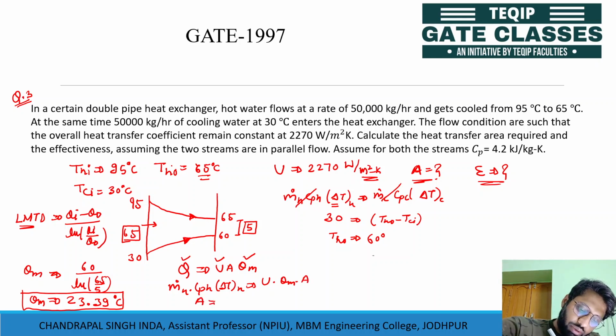The mass flow rate of hot water is given as 50,000 kg per hour, so we have to convert this into kg per second, which is 50,000 divided by 3600. So we will have 13.8 multiplied by 4.2 kilojoule per kg Kelvin, multiplied by the temperature difference of the hot fluid, which is 30.